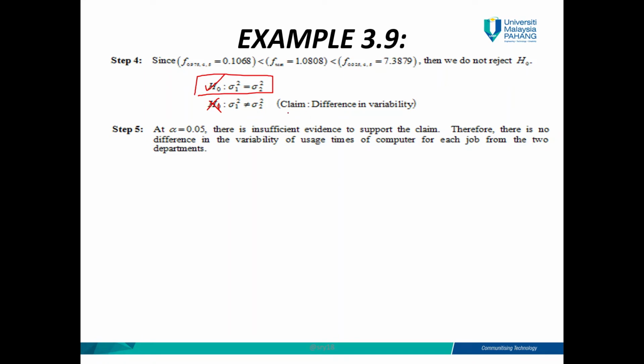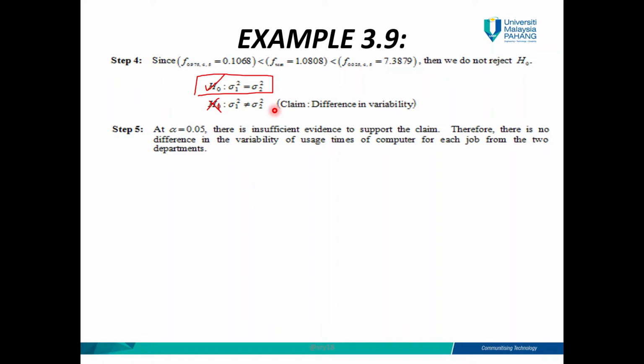Initially we claimed that the variances are different, but it turned out that the correct statement is that they are equal. Because the decision supports the statement that the variances are equal, the claim that they are different needs to be rejected. So there is insufficient evidence to support the claim, or in other words, at alpha 0.05, there is enough evidence to reject the claim. We can't support it.